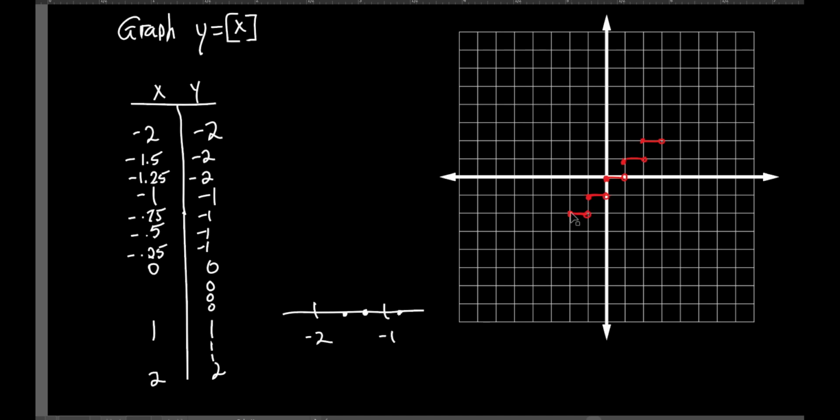If I connected them, I'd be including negative 1.5 at negative 1.5, but that's not what we're doing. The greatest integer means we're only including integers. And look, everything's an integer here, well, on the y's, I should say. On the y's, the answer is always going to be an integer. So if you look at your y values, there's nothing in between, because everything's got to be an integer.